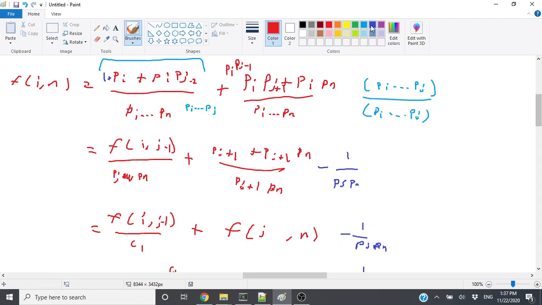So it's also kind of like subtracted out this part. J minus 1 over pj, pn. Is that what we need? That might be it.